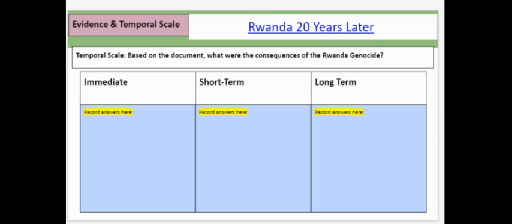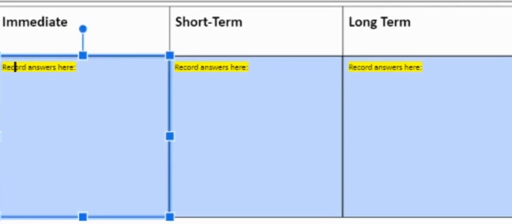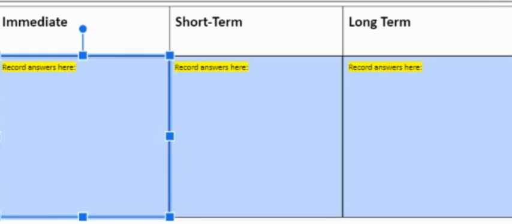You have to think about, based on what we just read, what were the consequences of the Rwanda genocide? Well, the immediate consequence, right? It says immediate, and I'm shutting off the highlighter. Immediate is that hundreds of thousands.